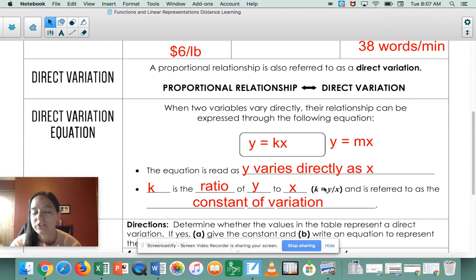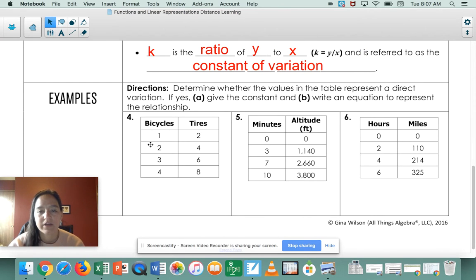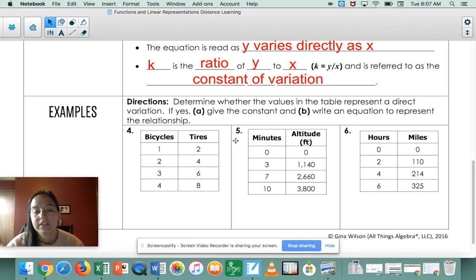I know I'm going super slow. I'm going slow because there are so many terms here. The last thing we're doing today, and we're going to continue on this tomorrow, is we're going to look at these, and first, determine if the table is a direct variation.